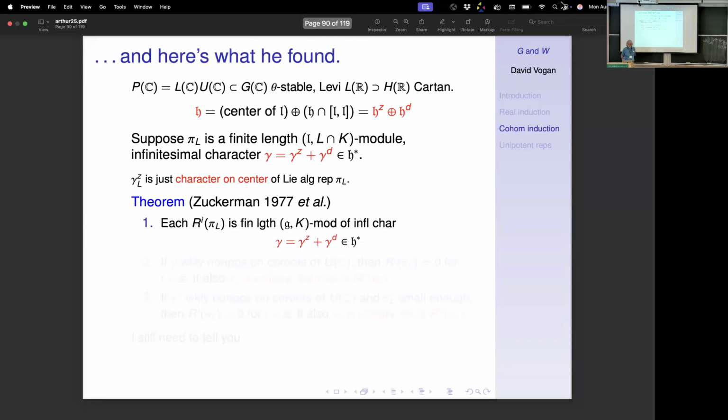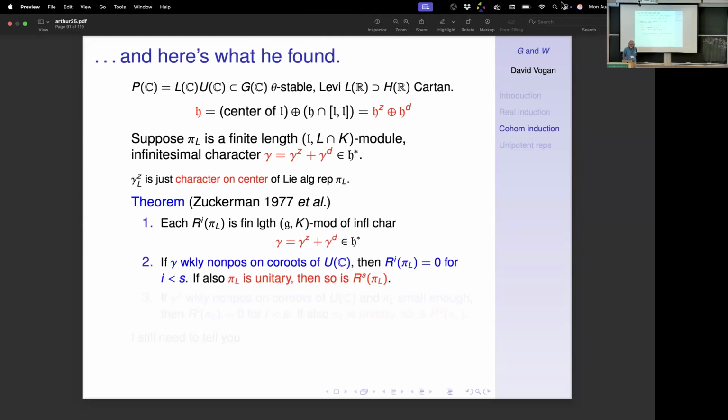So here's what Zuckerman proved. He showed that each of these derived functor modules is a finite length GK module of infinitesimal character exactly the same as the one on L. So that's just like real parabolic induction. And if gamma is weakly non-positive on the co-roots of H in the unipotent radical, then you get a vanishing theorem.